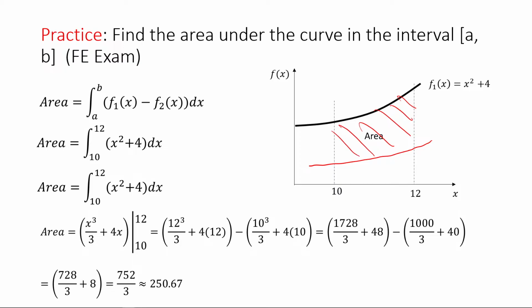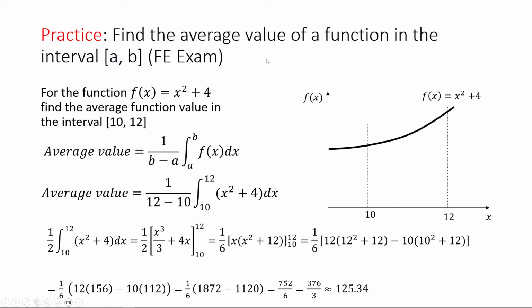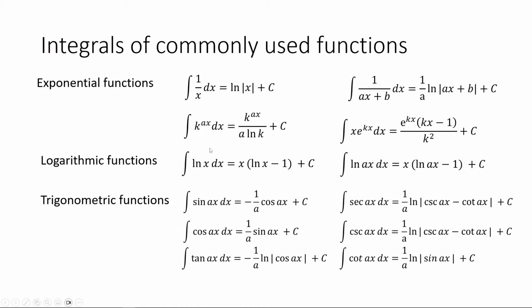How can I solve this? Basically, if I calculate the area under this curve and subtract the area under the other curve, then I will get this area here. That's basically how to do it if there are two functions. We can also find the average value of a function over an interval, using this equation.